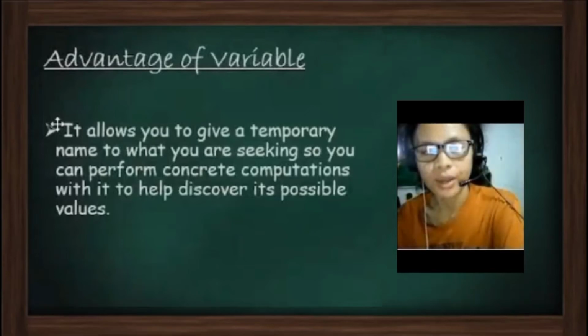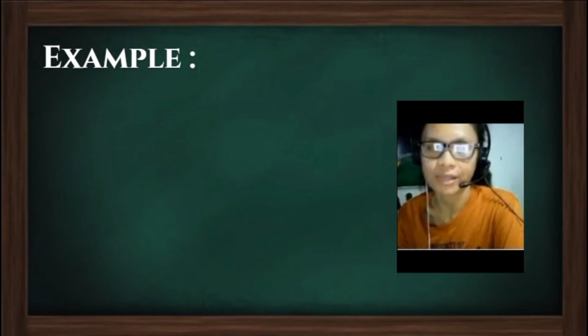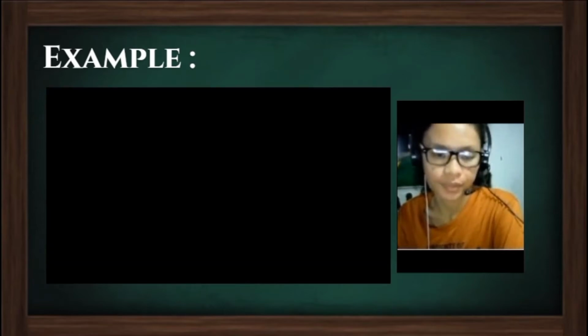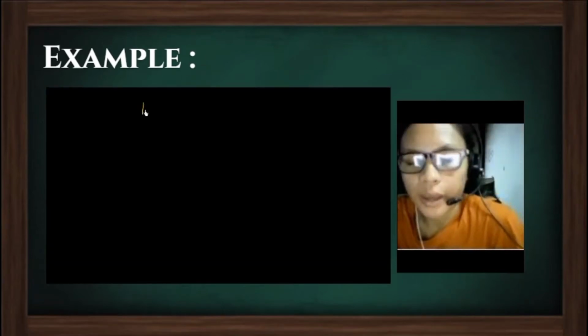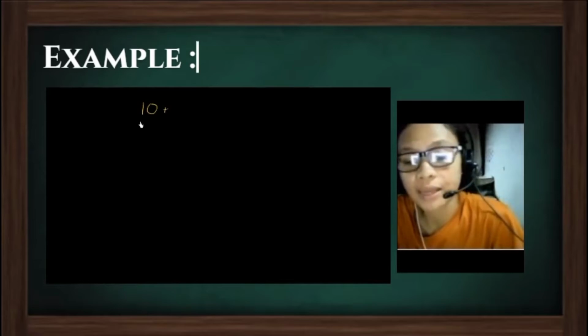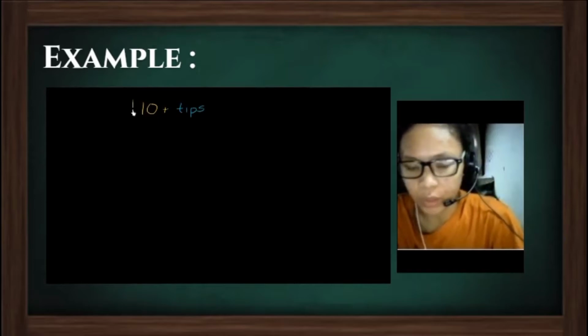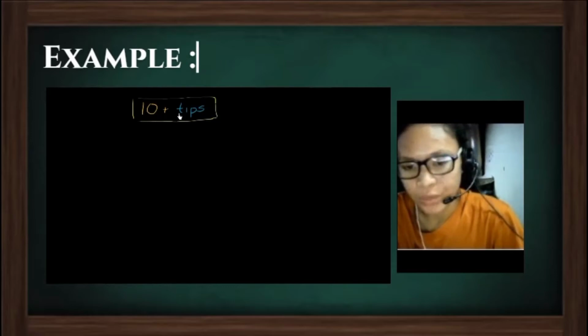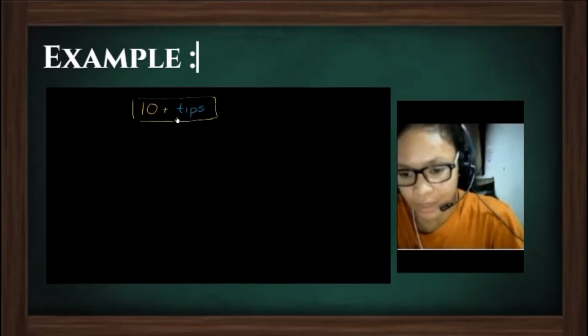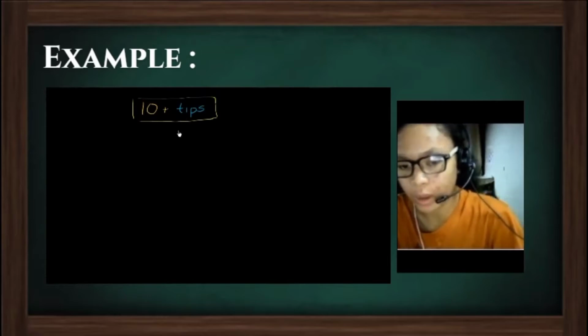For us to have a clear view of what a variable is, let's have an example. Let's say I'm working and I'm making $10 per hour, and aside from that I have tips each hour. So we could have this entire expression in a given hour. We can realize that the number of tips there could change dramatically from hour to hour.